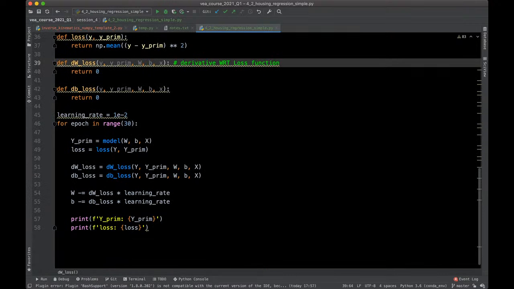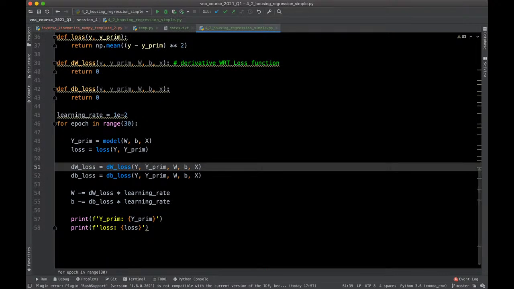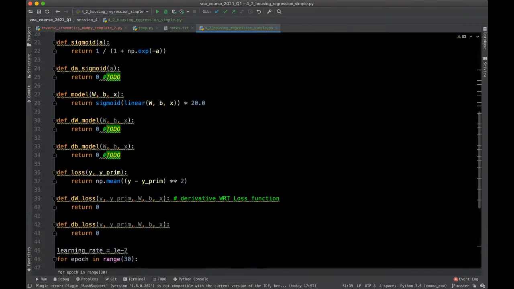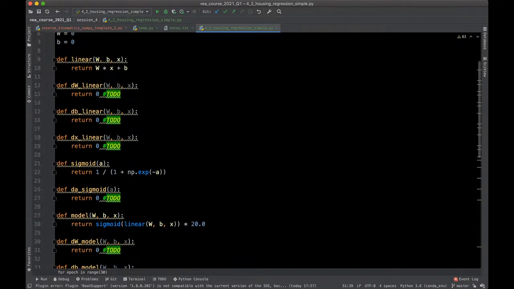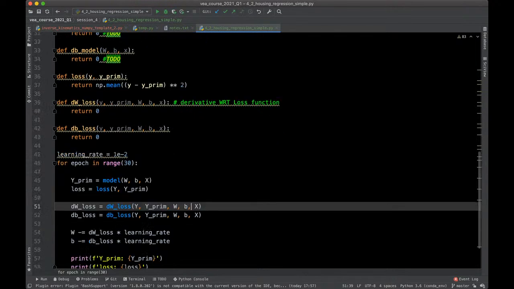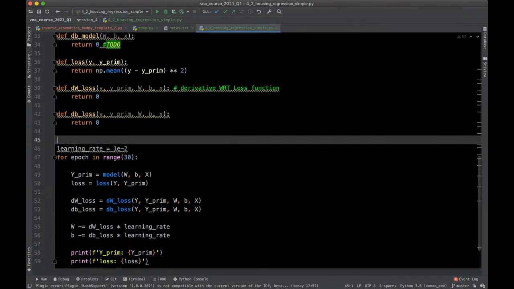So you go step by step backwards to calculate the derivatives, and then apply those derivatives to the weight and bias. These operations of stepping back the loss, the error, are called backpropagation. That is something that you use all the time in deep learning, even in the state-of-the-art models.